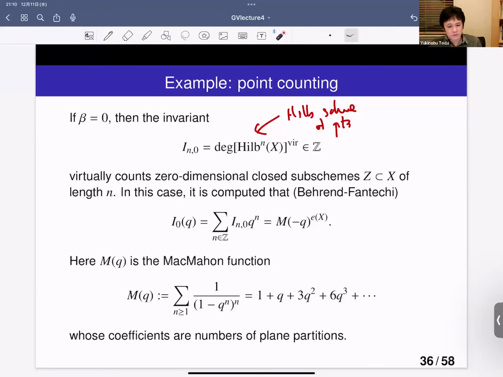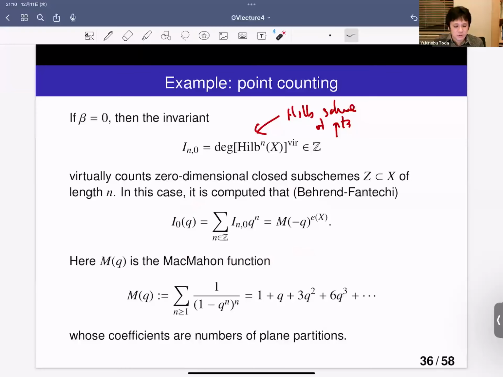Then this invariant is well defined, and it virtually counts zero-dimensional closed subschemes in X of length n. In this case, this invariant is computed by Levine-Pandharipande and Li, and it is given in this way.